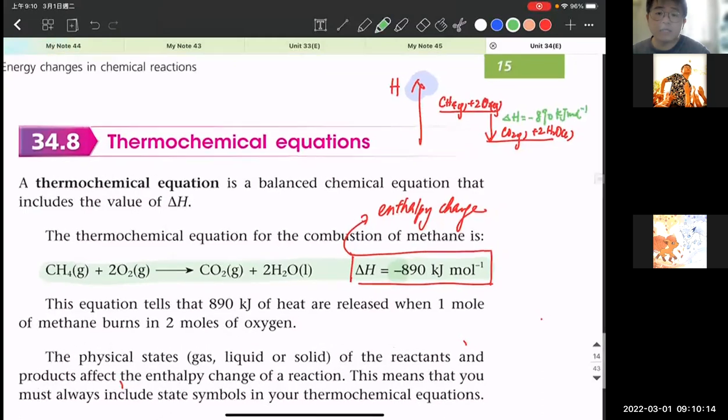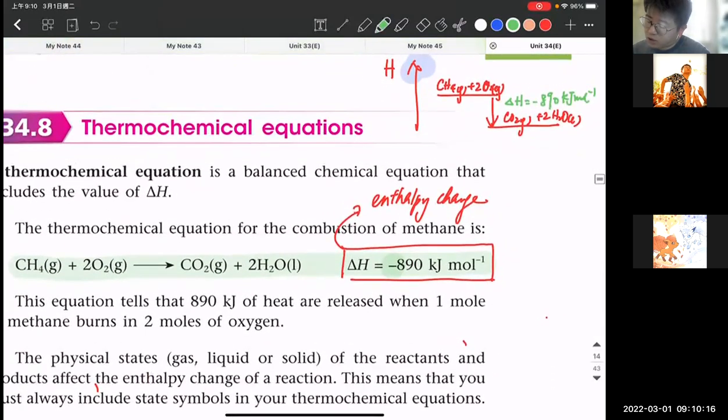Can you see that? It is just what you see here. I can show it in pictorial representation like this. Do you understand?